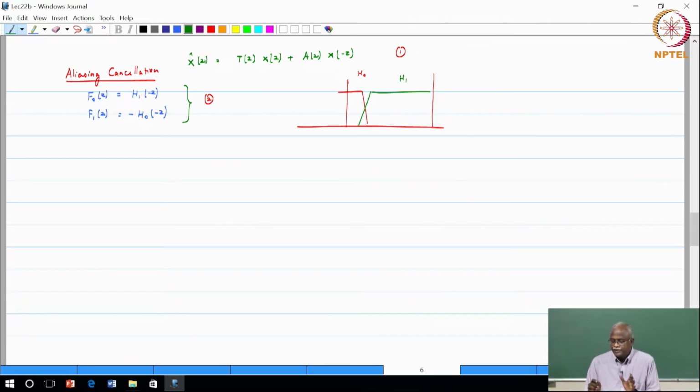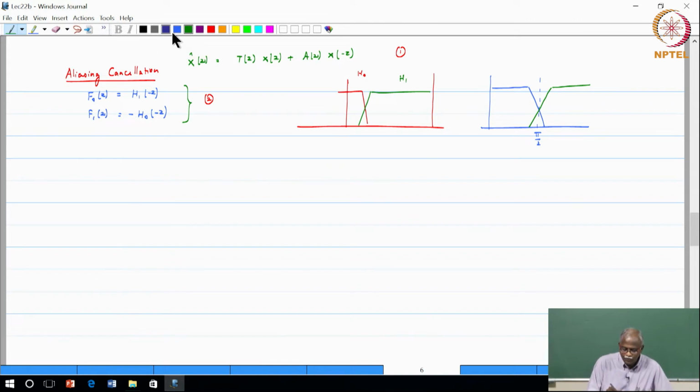So, when you say minimize the aliasing, but there must also be full preservation of the signal, then H naught must have a passband edge close to pi by 2. Because then you would have minimum aliasing, the other filter would also look like this, because of the relationships between these two filters.